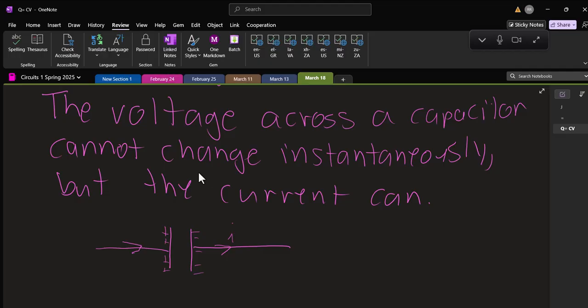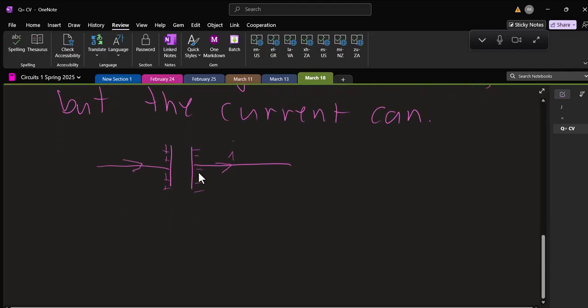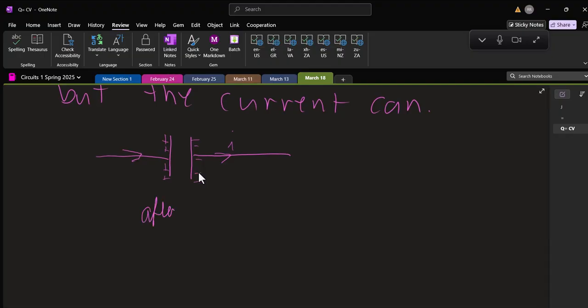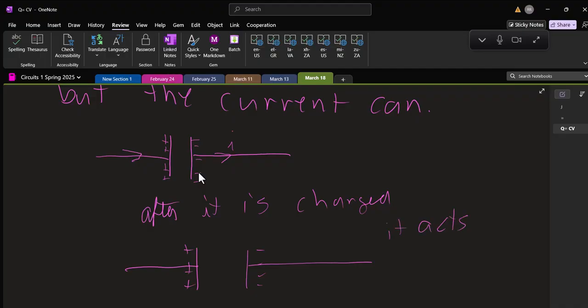So when you first start up a capacitor, the current will flow right through it. But that's only right at the beginning. After it is charged, it's just sitting there. This side is plus charge, this side is minus charge, and no current is going to flow because there's that gap in between. So after it is charged, it acts as an open circuit.